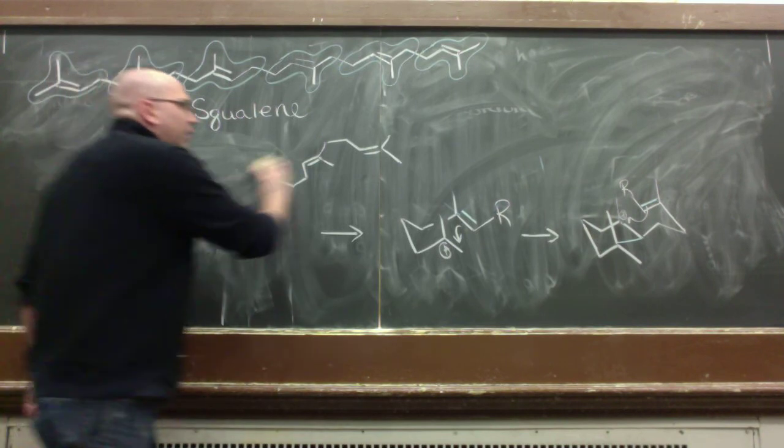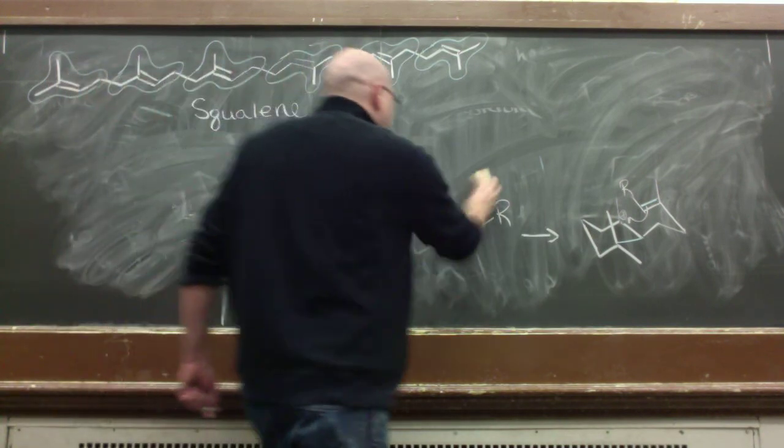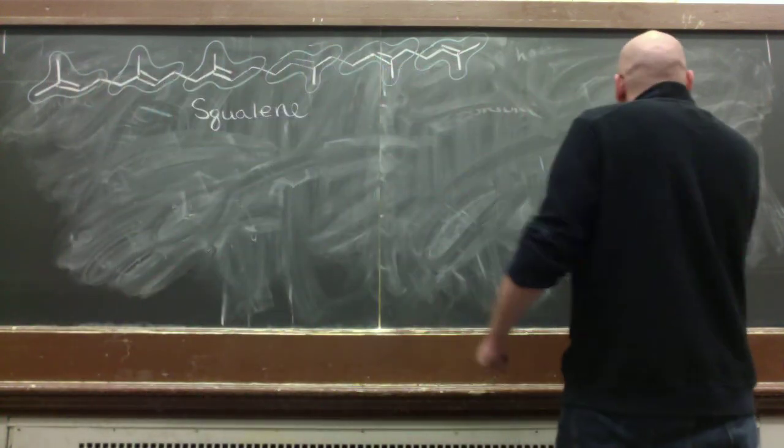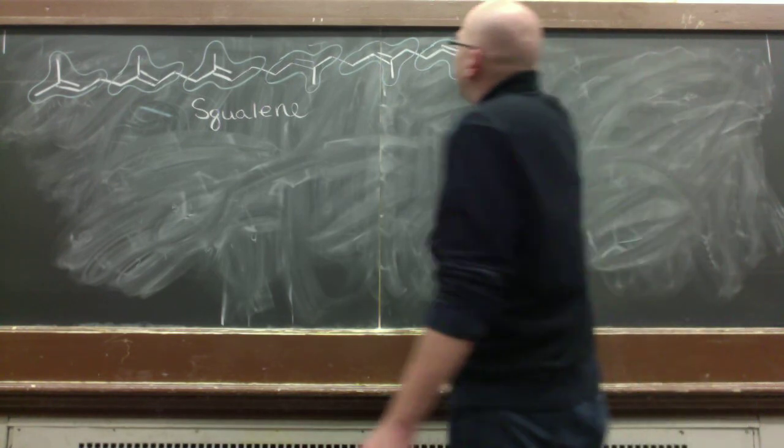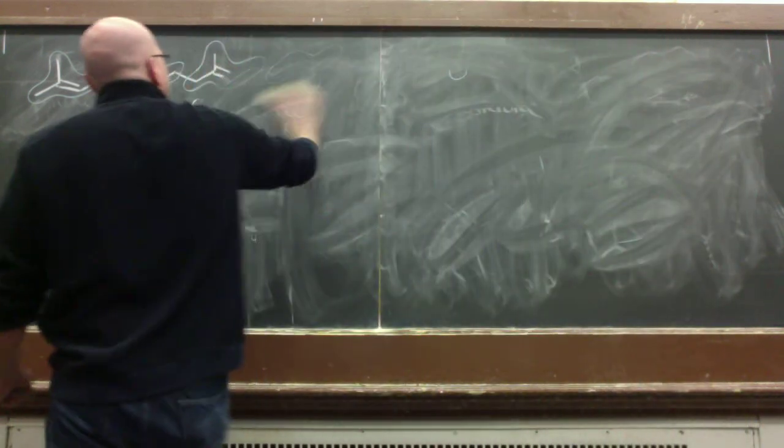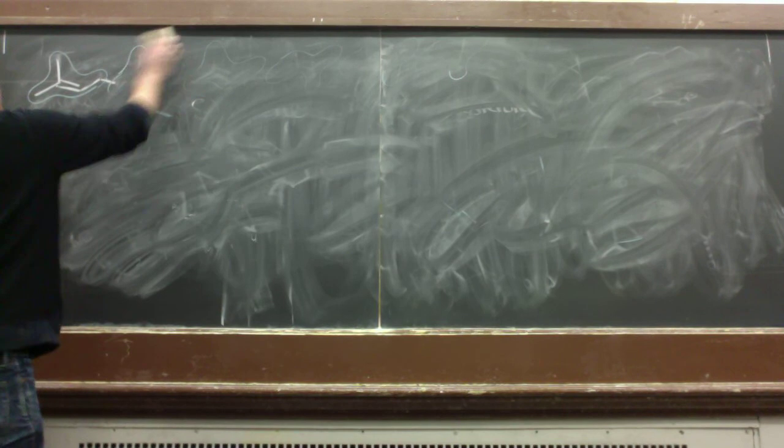All right. One of the questions I'll often throw up here, and I may have had this on a worksheet as well, so I apologize if I did. Actually, I think I put it on an exam. But identifying whether a molecule is a terpene or not can be interesting.